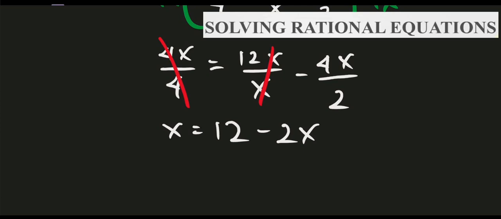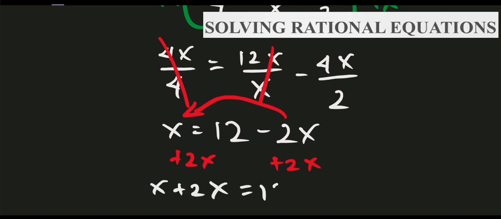Again, let's isolate the value of x. I think the practical way here is to add 2x to both sides. By adding 2x to both sides, it looks like we move the value of 2x from the right hand side to the left hand side. So that means it will give us x plus 2x is equals to 12.